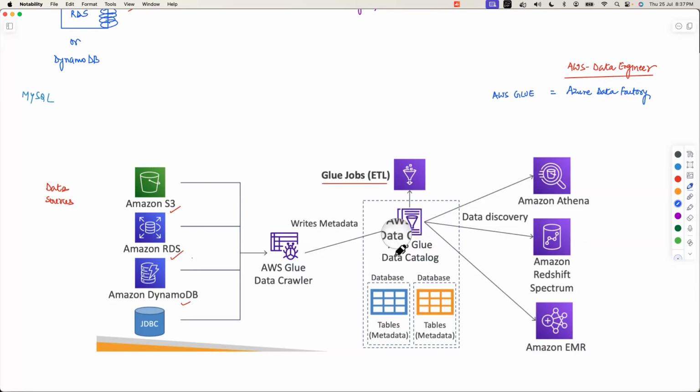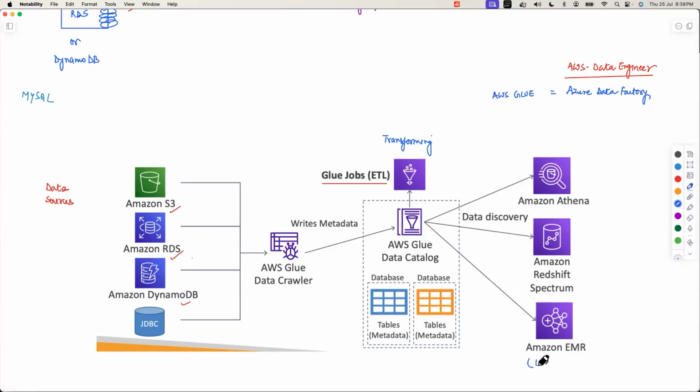So there will be a data catalog. You will have databases and table metadata. You can point to the data sitting at location A, location B, and it will maintain the metadata of the tables. Later, after transforming, this is the place where your data is transformed. It will be saved into either Amazon Athena, or Redshift, or EMR.